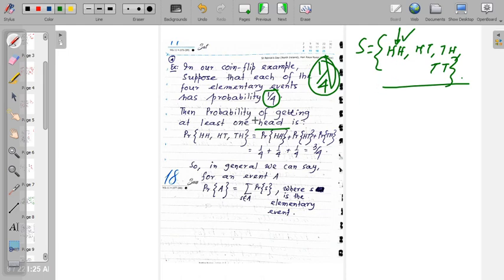So this one satisfies it. And then this one, whether it is satisfying or not, it is satisfying. So this will be in that event space. TH is also satisfying, but not TT.